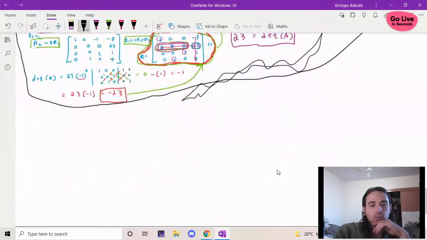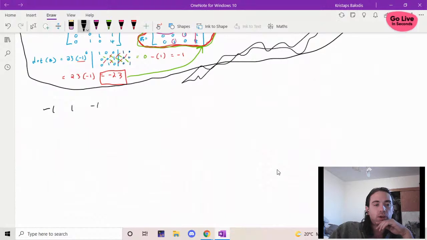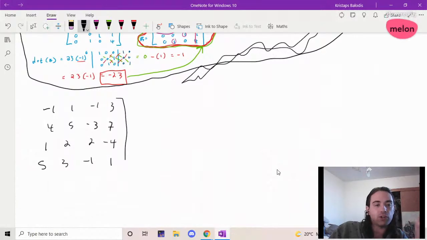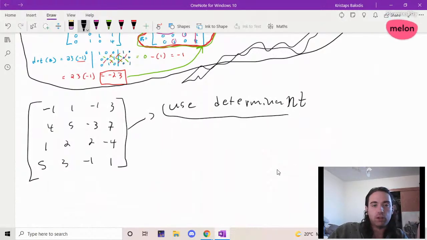So I would encourage you to write down some arbitrary 4x4 matrix that doesn't have any zeros in it whatsoever. Don't make the numbers too bad on yourself. You could maybe use a determinant calculator. If you Google this, there are tools that will compute determinants of matrices for you.